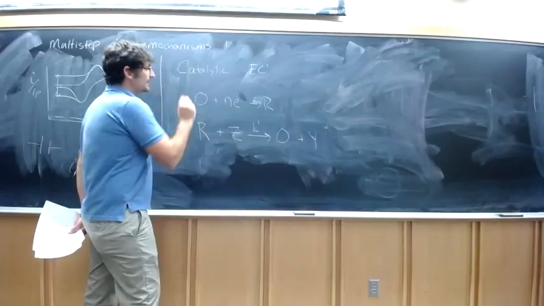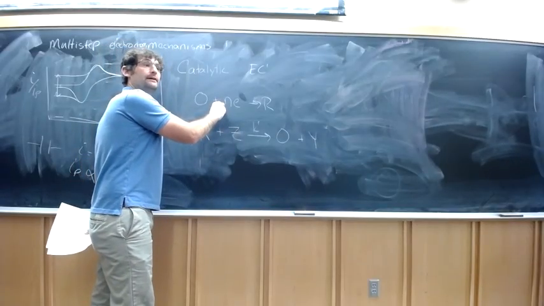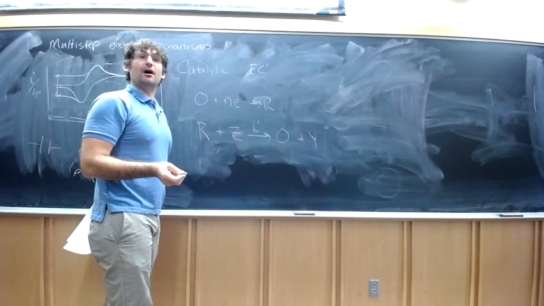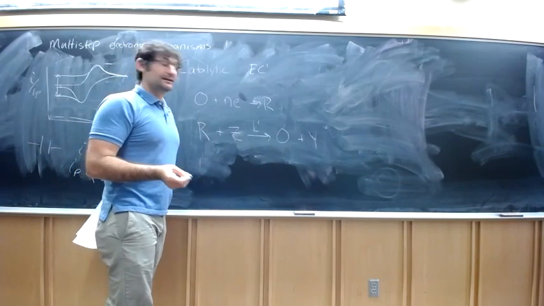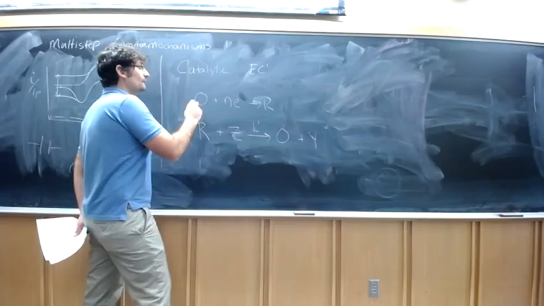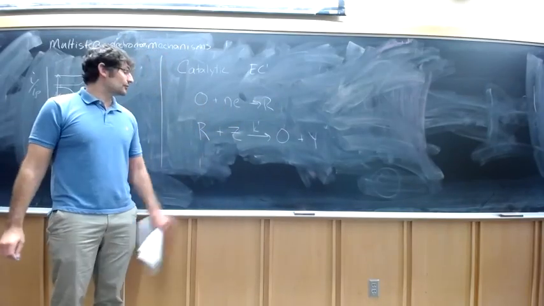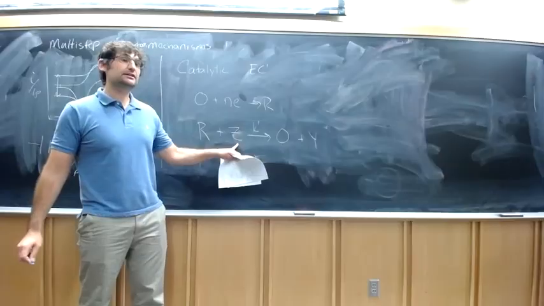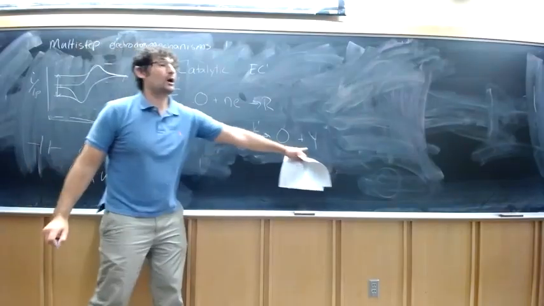In principle, Z could just get reduced directly on the electrode, but those kinetics are not fast. So the mechanism first is to reduce O to R, and then that is further reacted homogeneously in solution. This is the E step, this is the C step, to make Y.